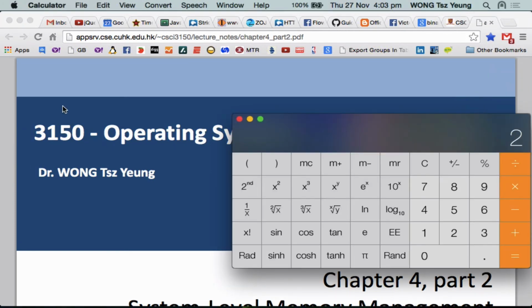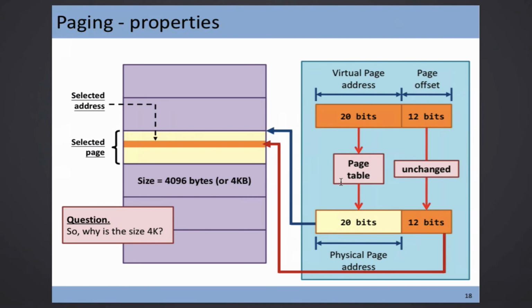Yeah, 2 to the power 12 is 4096. Okay? So that means I have 4096 addresses. When they are consecutive, after translation they are still consecutive. And it forms a translation block. When I translate, it is block-by-block translation basically.